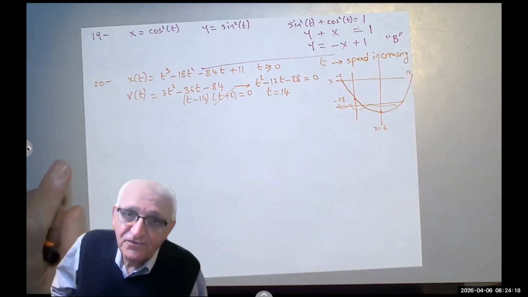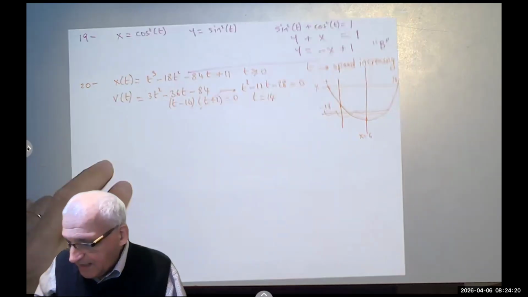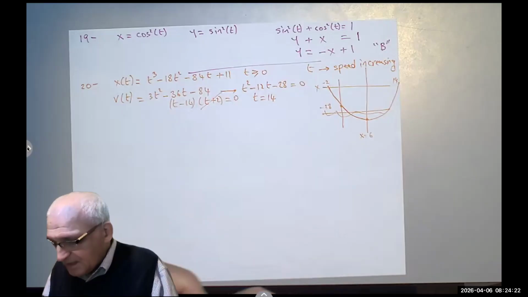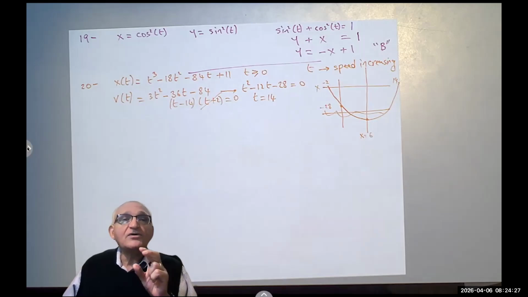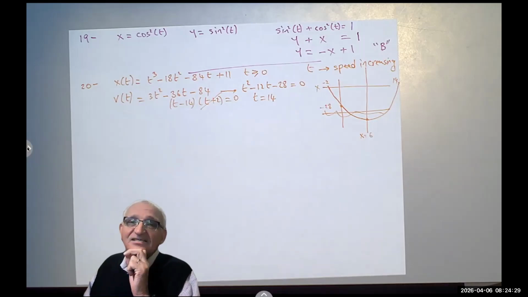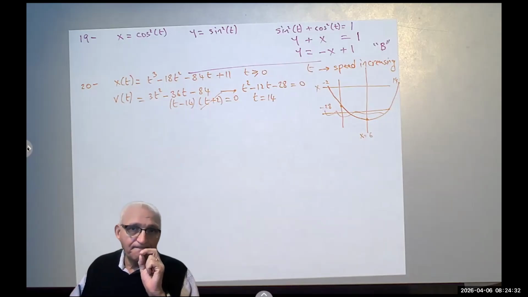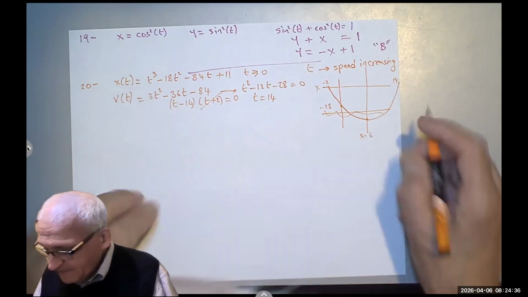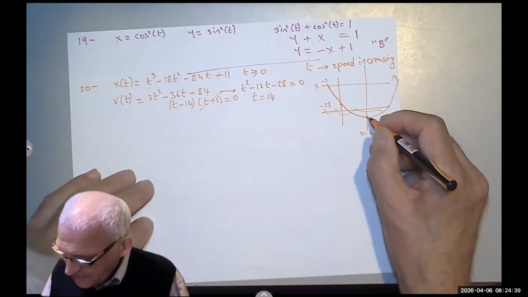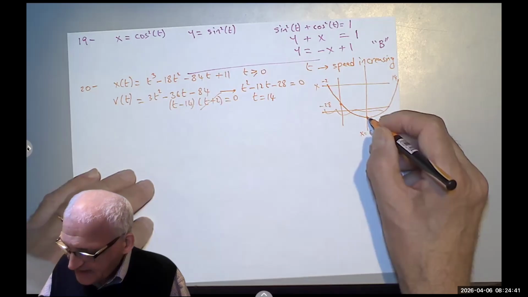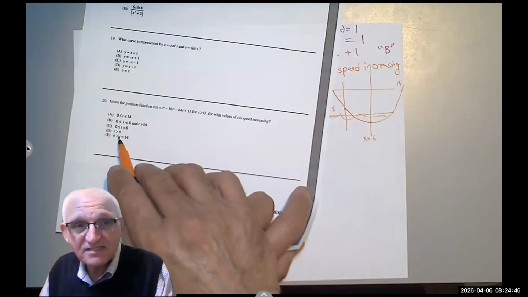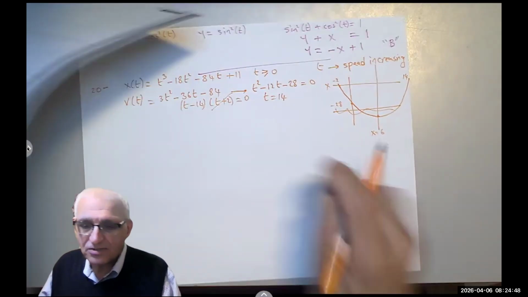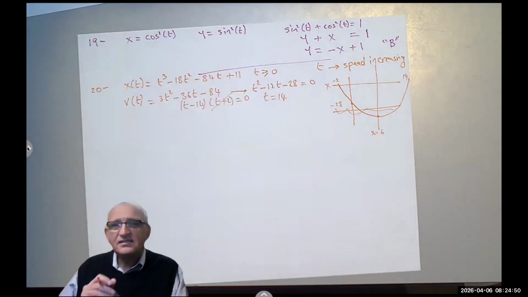Here you have to be careful because we want to find the region where the velocity is increasing. And that's why many people would say, oh, the velocity is increasing after 6, right? And they would pick t is greater than 6, which is d. That is not correct. Why isn't it correct?